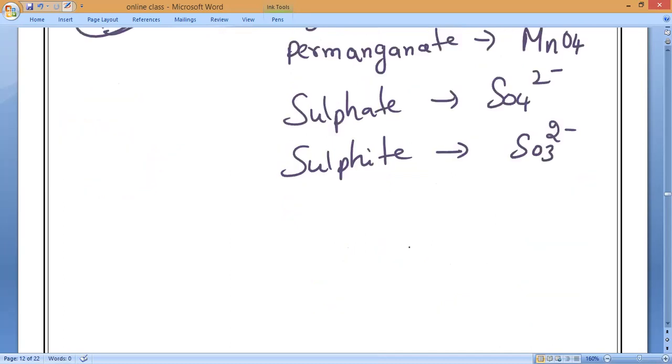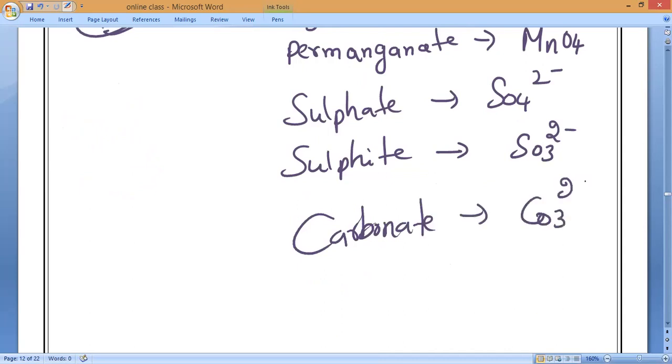Okay. Carbonate, CO3 2 minus. Phosphate, PO4 3 minus. Okay. Now, is nitride a polyatomic ion or not? That is my question.